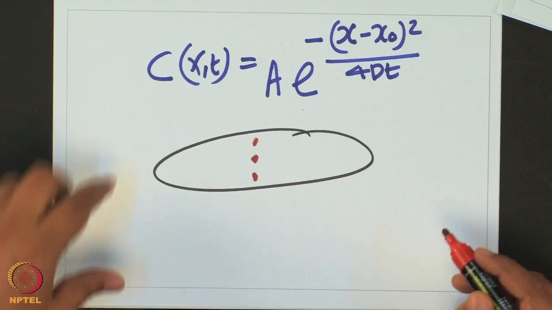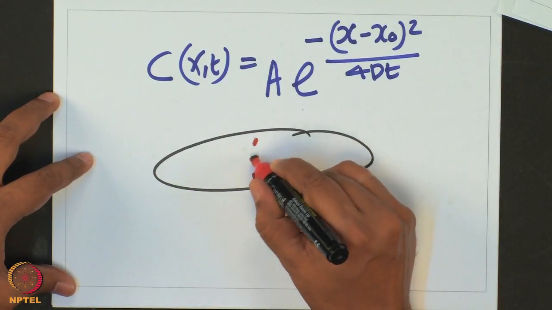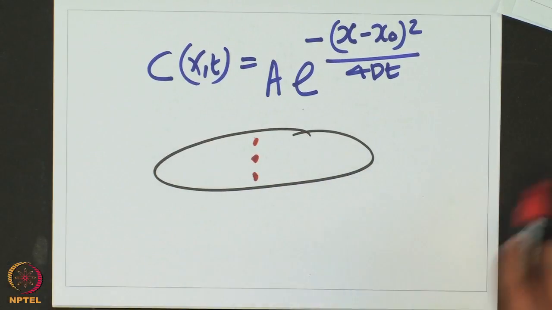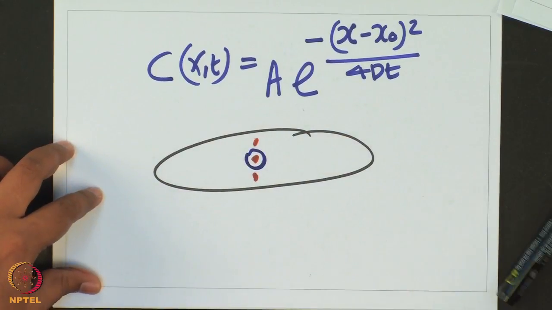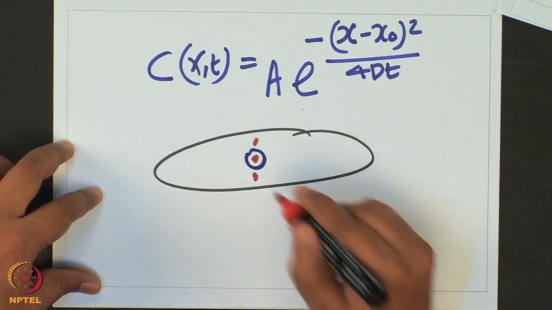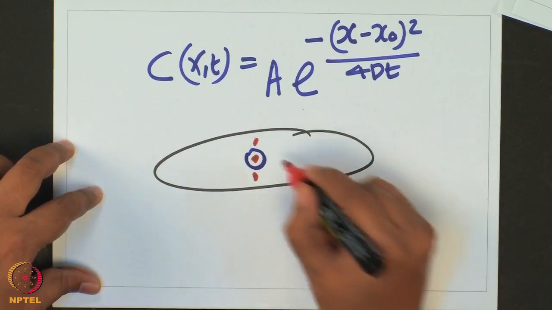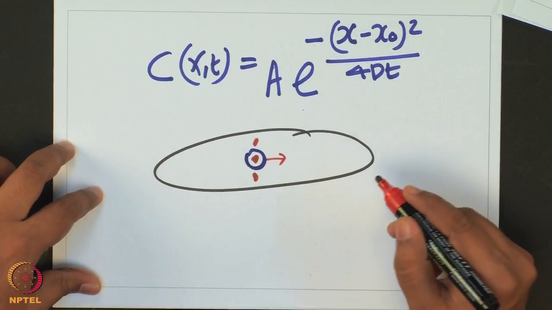So, let us say I did one experiment, and I will focus on one protein molecule. If I track this protein molecule, I would see that it is going in some random direction. Let us say it went in this direction first and then it took various random directions.